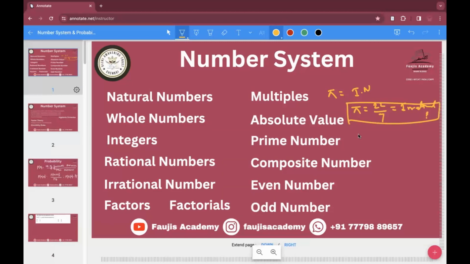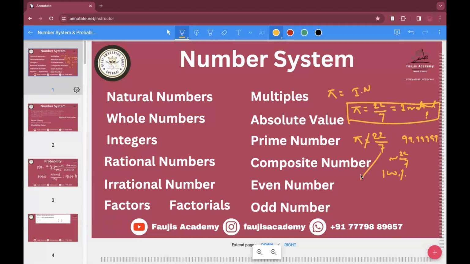But since the exact value of pi is not 22 by 7, it's somewhere near 22 by 7. It has some very good accuracy, but not 100%, right? Some 99.999, I don't know. I'm not writing the exact number. You'll have to Google it basically.